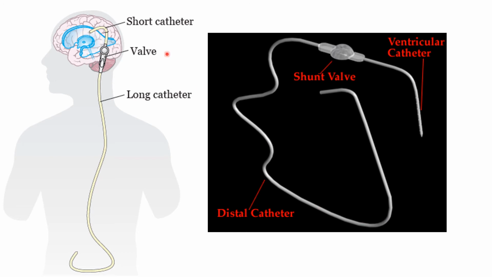So the ventricular catheter is the short catheter, the valve, and the long or distal catheter. This part goes into the ventricles. This part controls how much CSF is drained, and this is the distal catheter where it drains the CSF into the peritoneal cavity.